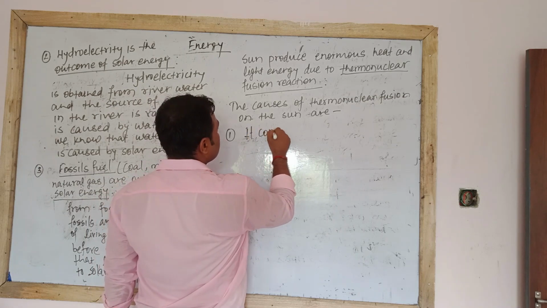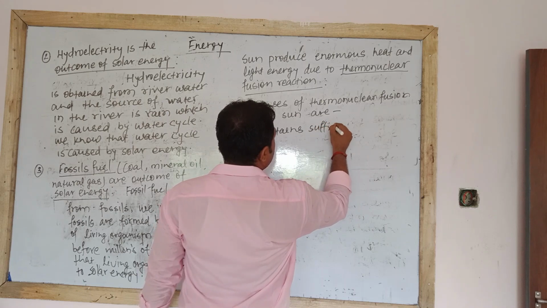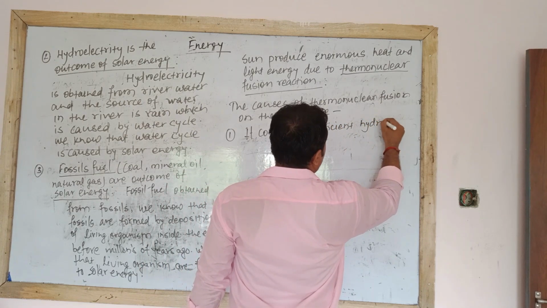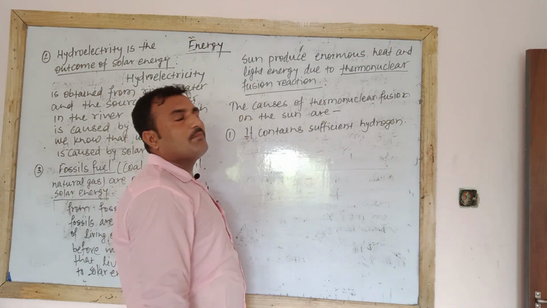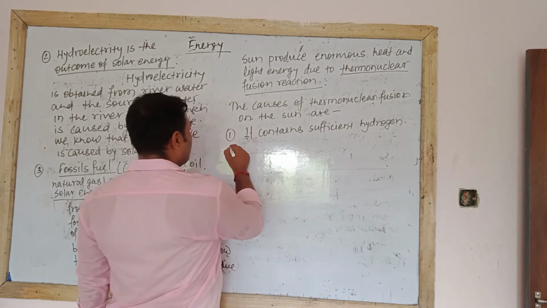It contains sufficient hydrogen, that is about more than 90% of the mass of the sun is made up of hydrogen.